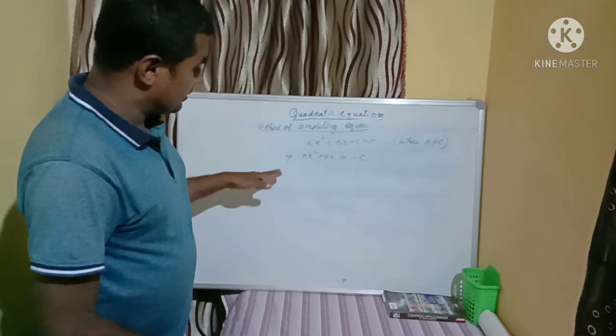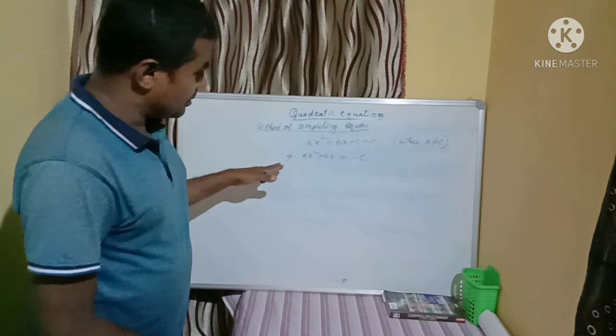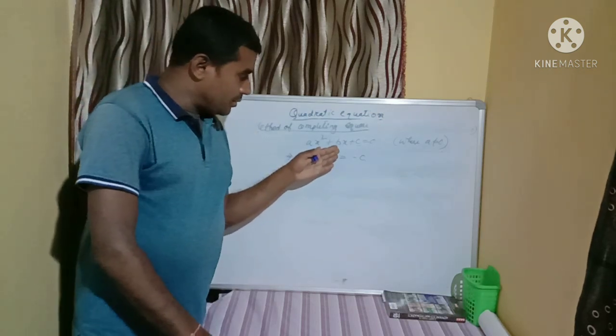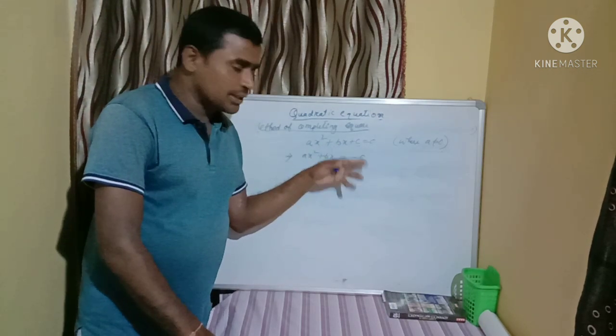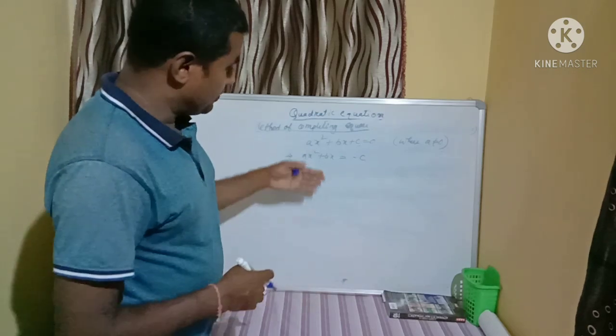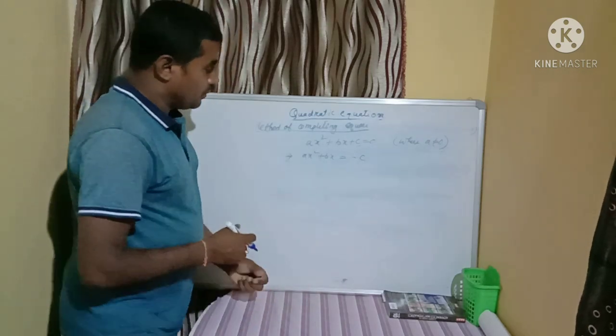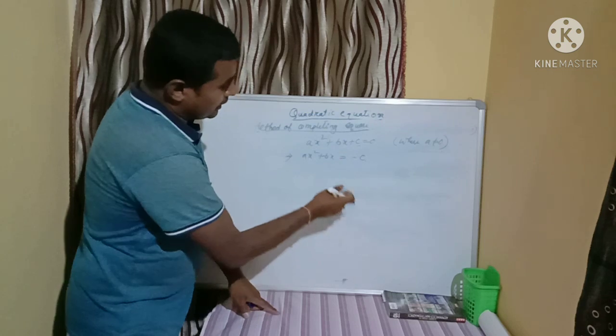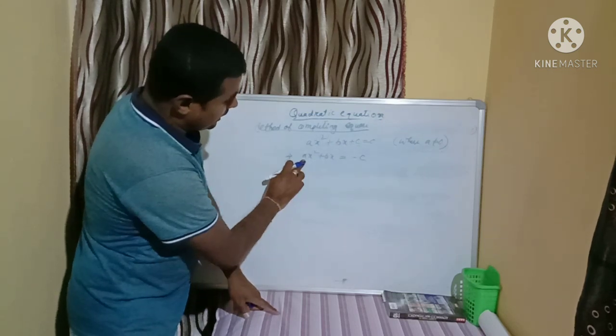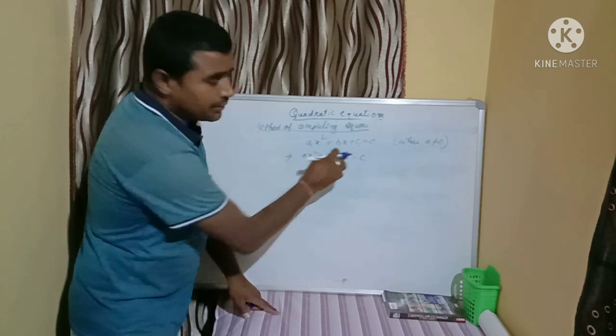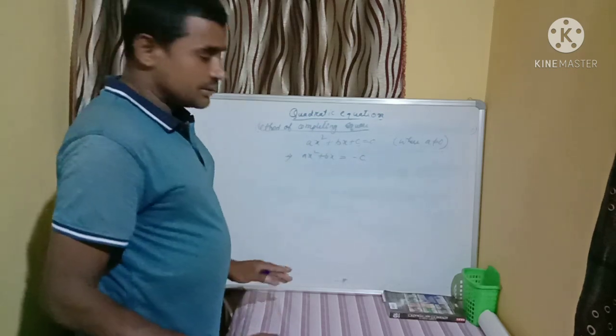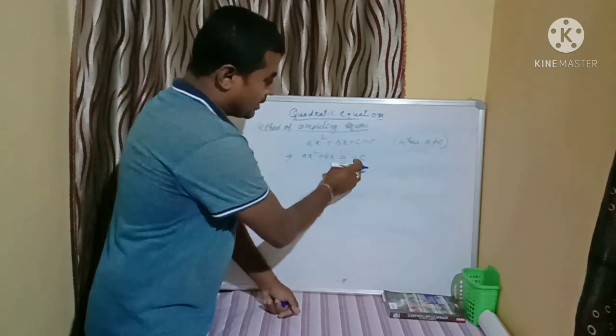After taking the constant term to the right side, we get ax square plus bx equal to minus c. Okay, this is step 1.